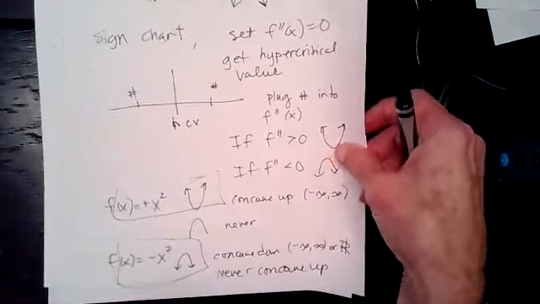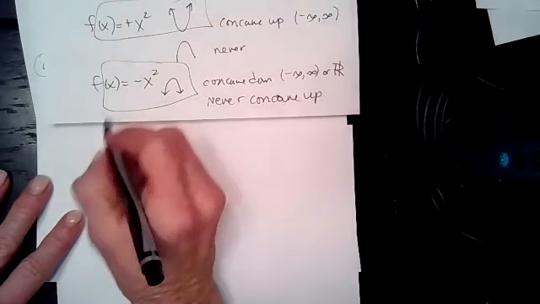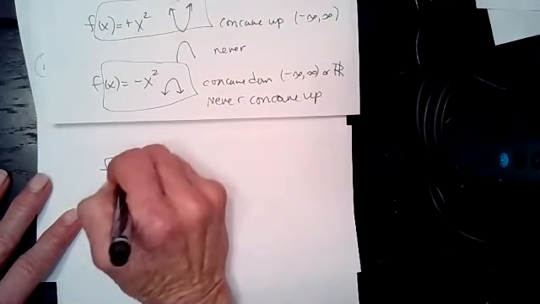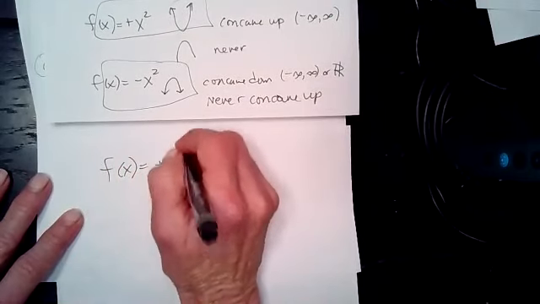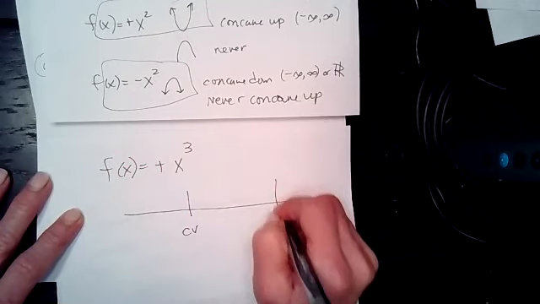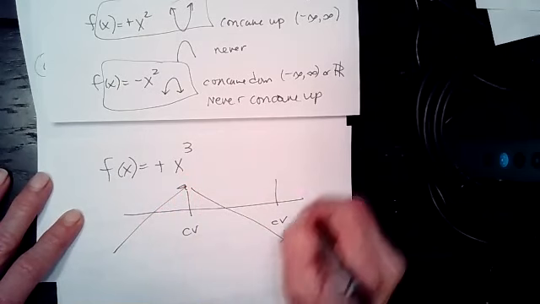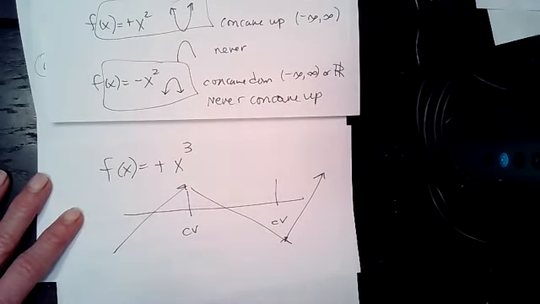Let me show you about cubics real quick. If f of x is a positive x cubed, it has two critical values. And we know where it's increasing, decreasing, and increasing because it always looks like that.